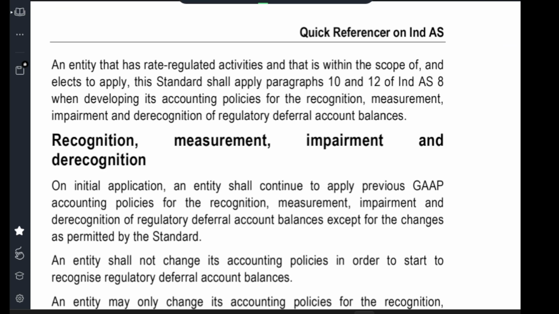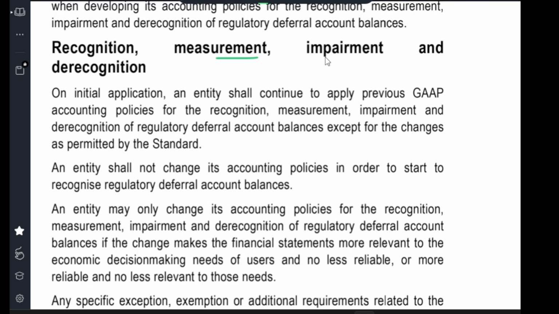So when developing the accounting policy for recognizing, measuring, impairment, and de-recognition of regulatory deferral account balances, either assets or liabilities, for this rate regulated activity the entity should apply the standard within its scope: recognition, measurement, impairment, and de-recognition.